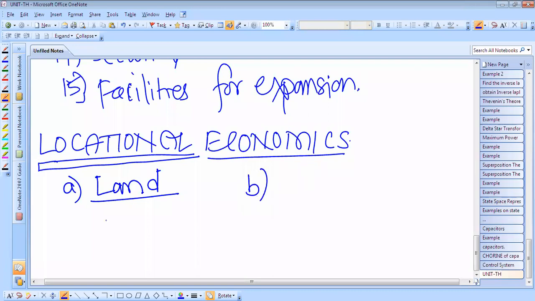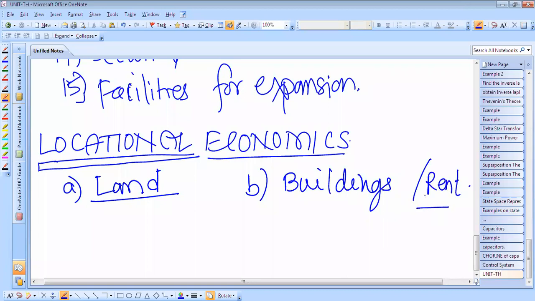Second is the building or rent, meaning whether we have our own buildings or we have to take the buildings on rent. Equipment and machinery.